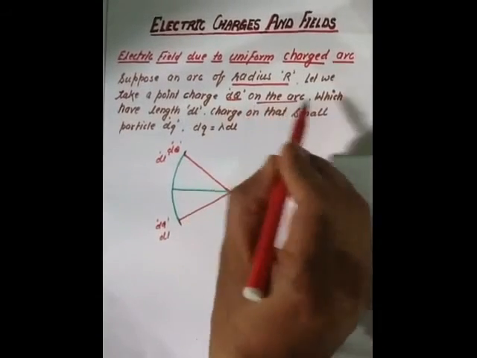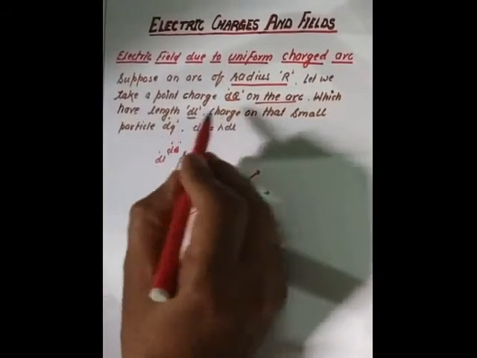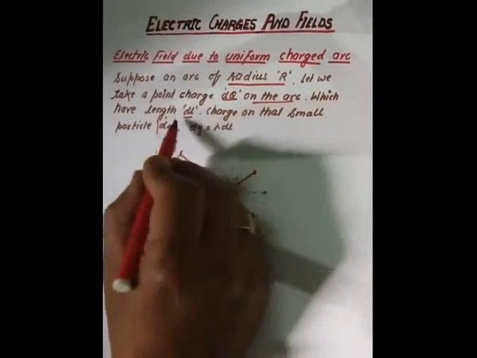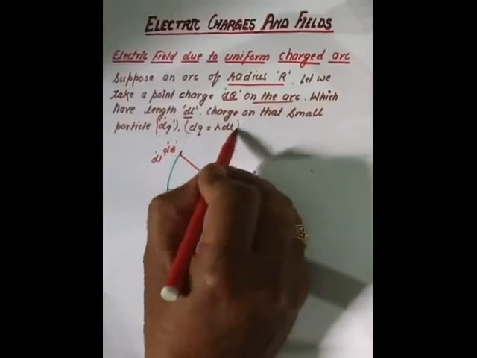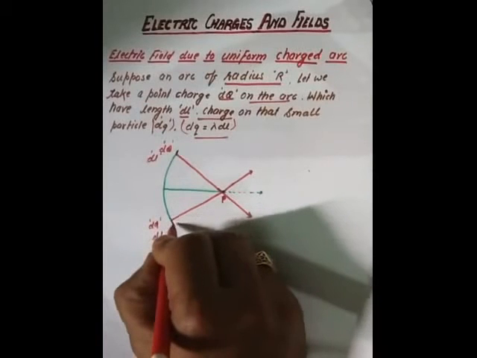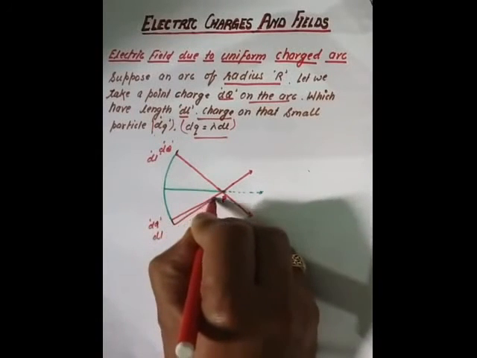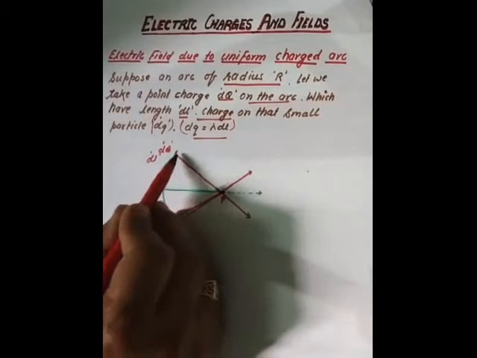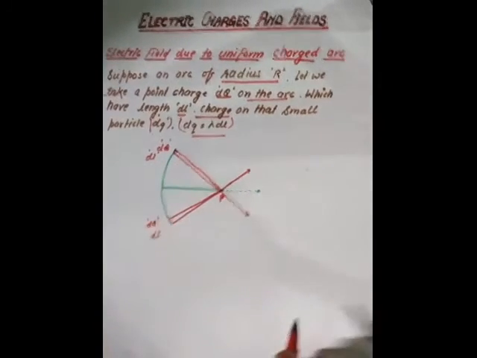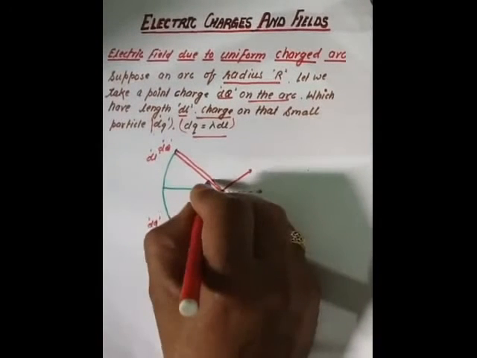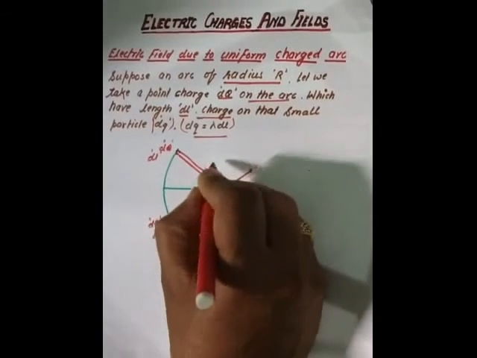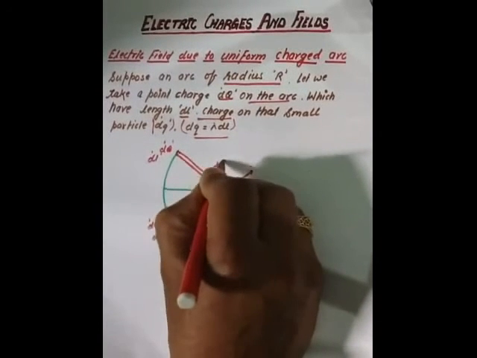On the arc which has length dl, the charge on the small length, you already know about that, dq equals lambda dl. Then join the small point like this. Suppose this is an angle theta, then this is d theta.